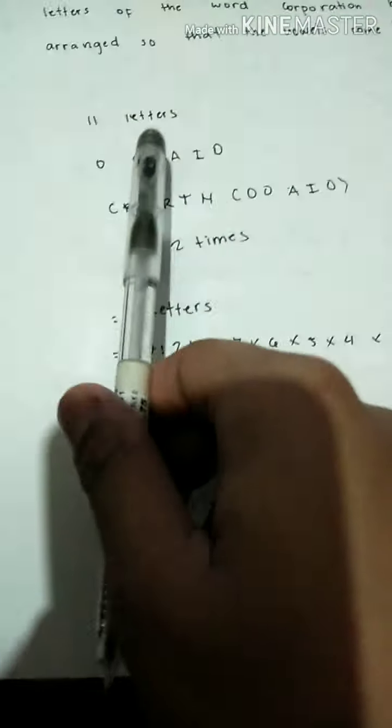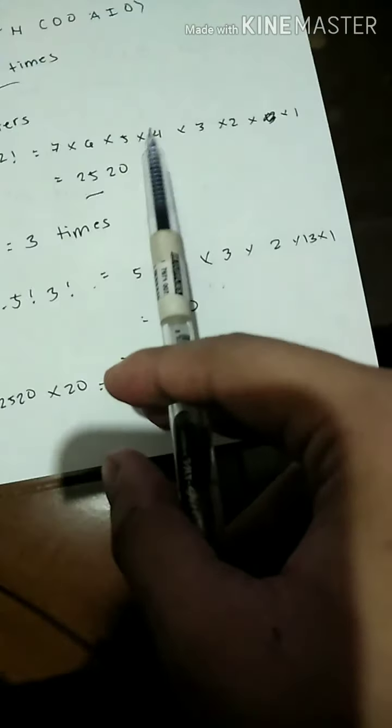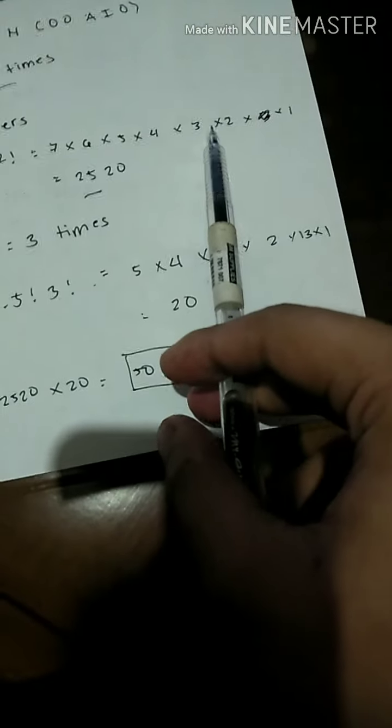Again, the word corporation has 11 letters. It has 5 vowels, and it has 7 letters when the vowels are grouped. The R is repeated 2 times. So in letters, 7 times 6 times 5 times 4 times 3 times 2, and the answer is 2,520.